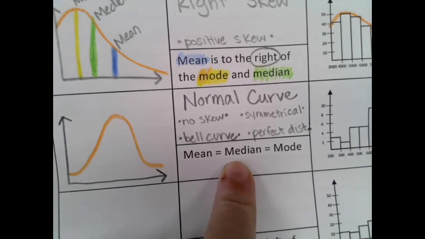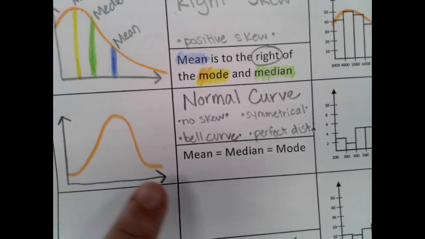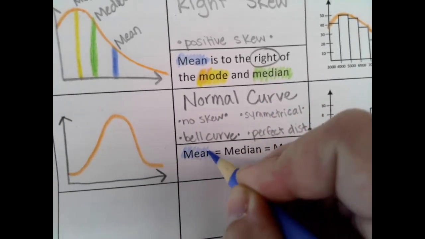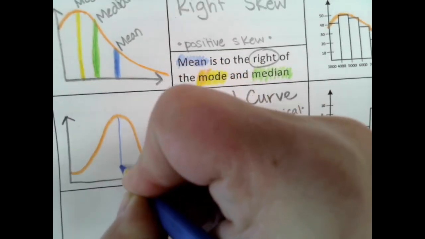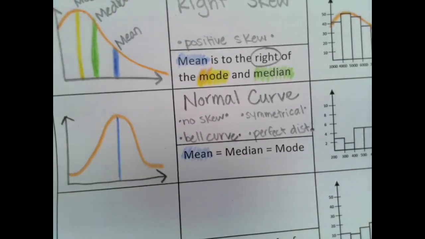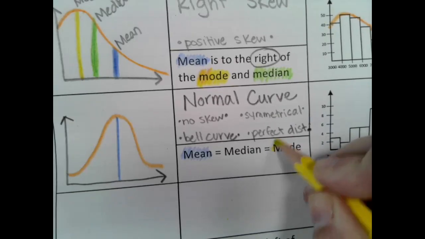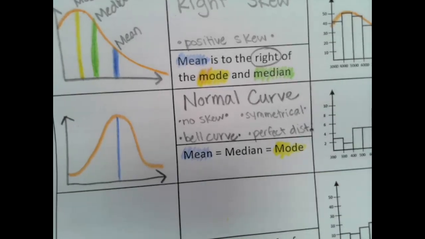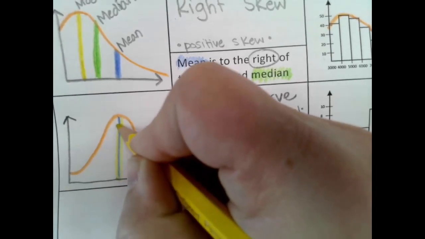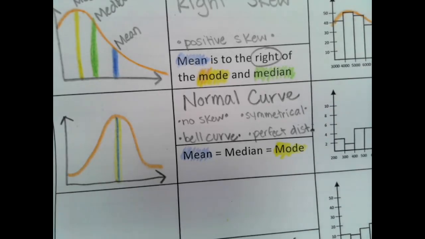Our mean is the calculated center, and our calculated center would still be in the center here. But this time that mean is together with the mode. So our mode is that highest point, which is right where that mean is. And our median, the middle, would also be right on there.